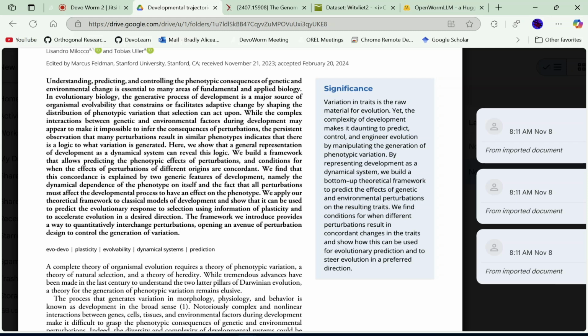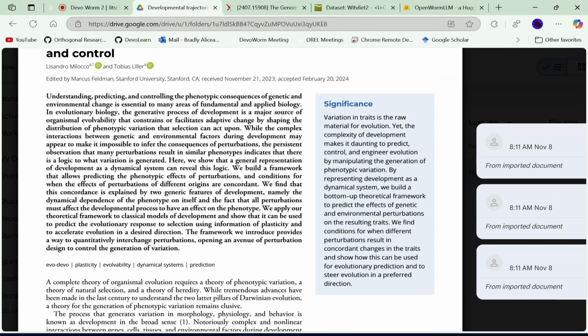So that's the significance. And then the abstract says, understanding, predicting, and controlling the phenotypic consequences of genetic and environmental change is essential to many areas of fundamental and applied biology. So we want to be able to do this understanding, predicting, and controlling. We don't want to just watch it happen.